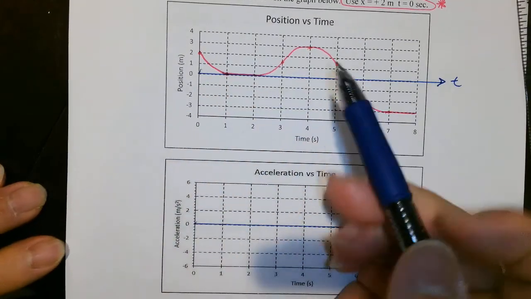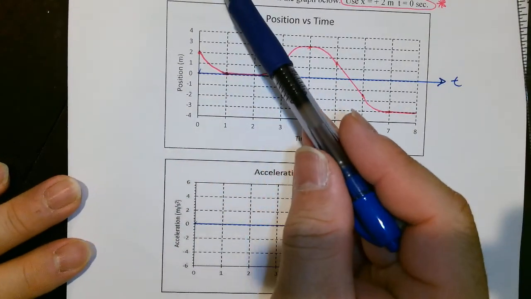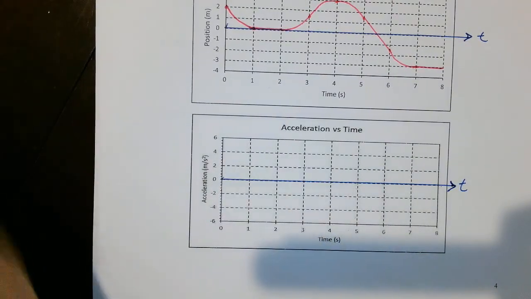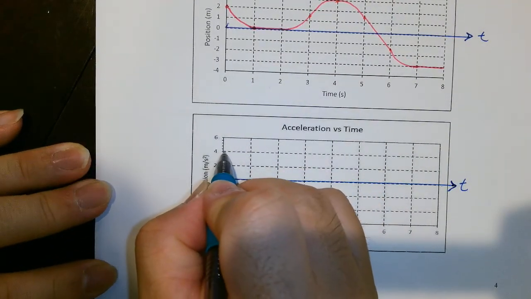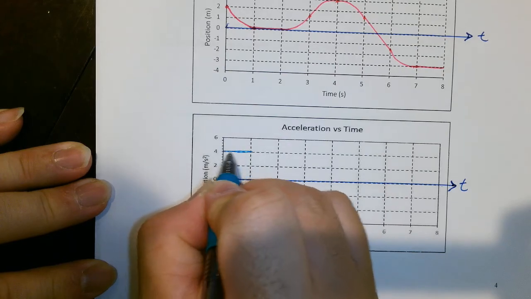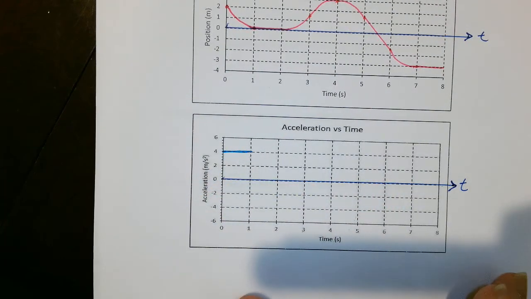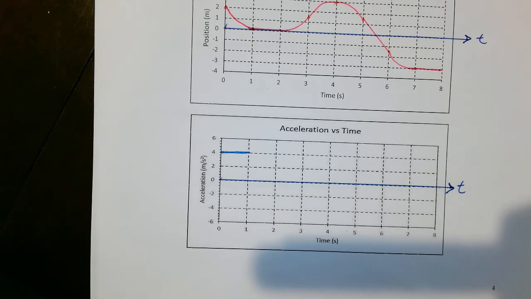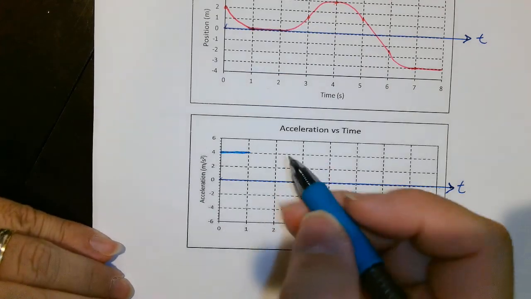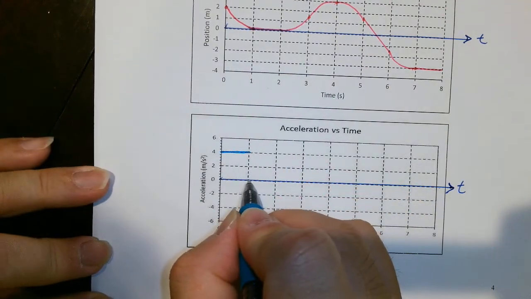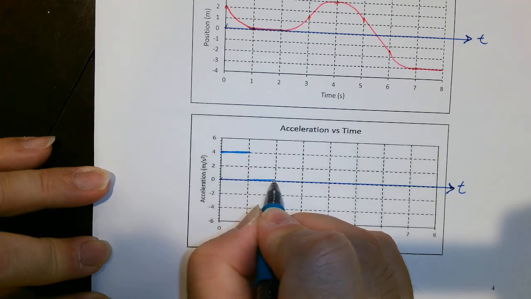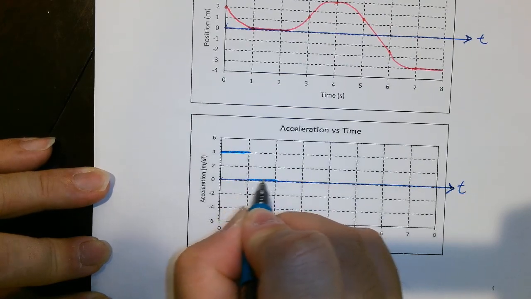So from 0 to 1 second, it is positive 4 meters per second squared, a constant slope value of positive 4. Then from 1 to 2 seconds, my slope value is 0. So my acceleration value is also 0.